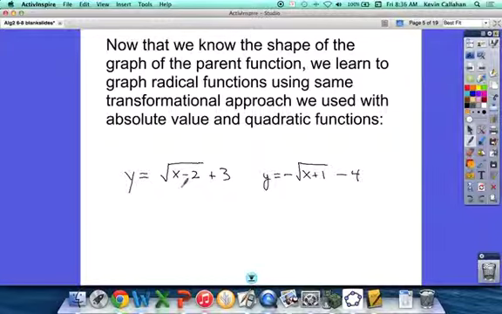Right. Inside the function, minus means right. What did it do to the function when you added a number after the function? Up. What did it do to the graph when you put a minus in front of it? Flip.